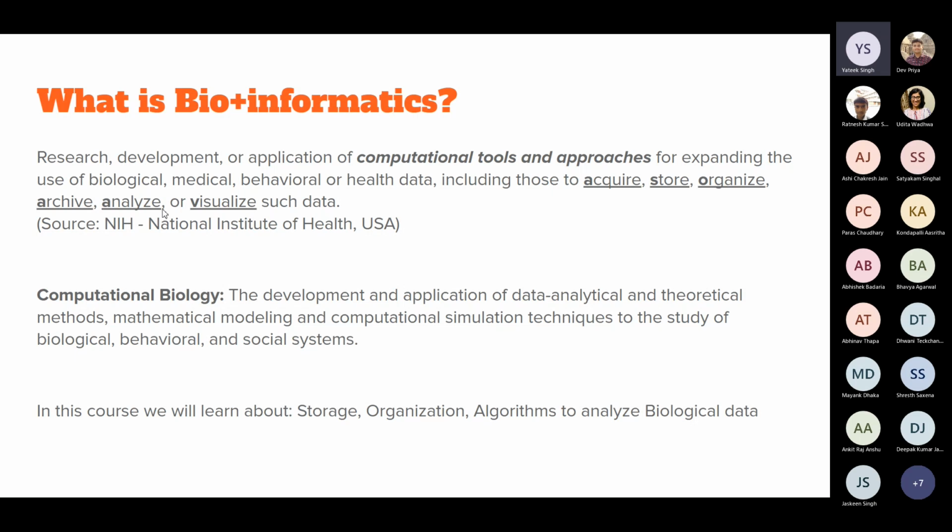Essentially, once you have organized the data into databases and you can pull that data from these databases, computational biology allows you to work on that data to develop applications which are essentially analytical in approach, which apply some kinds of mathematical modeling and computer simulation to make a model out of how biological information is interacting with each other. Okay. So in this course, particularly, we are going to learn about storage, organization, and algorithms to analyze biological data.